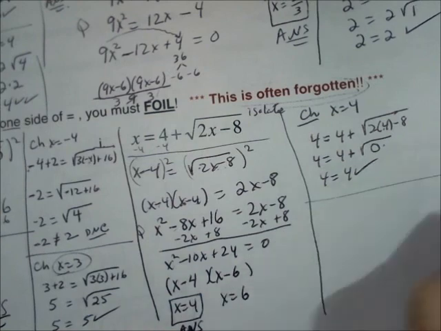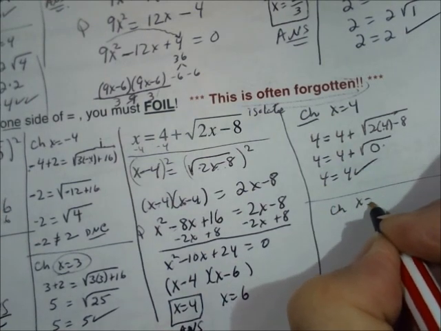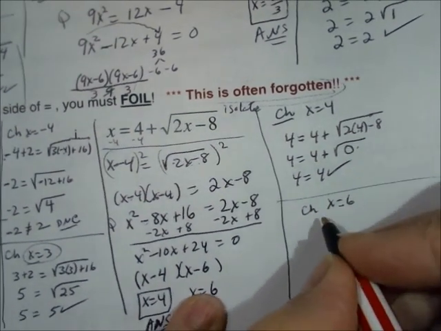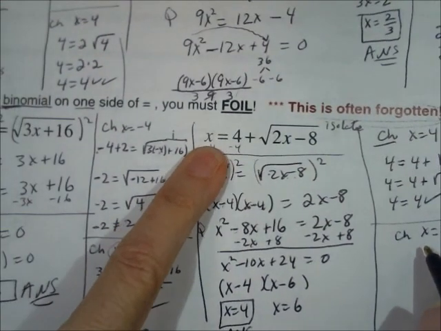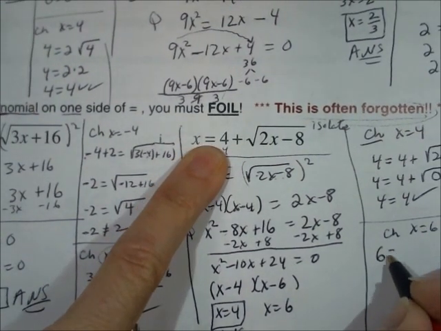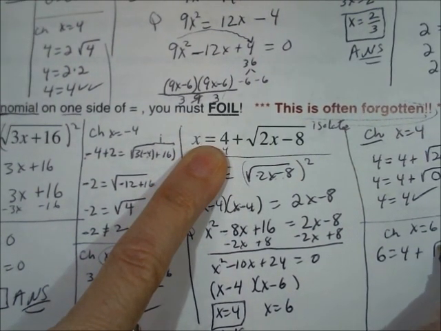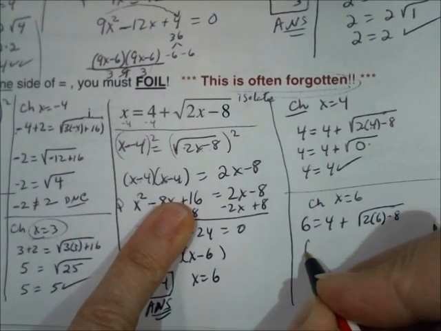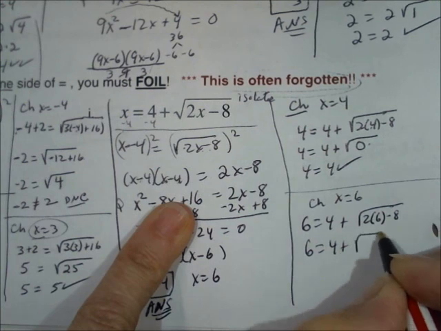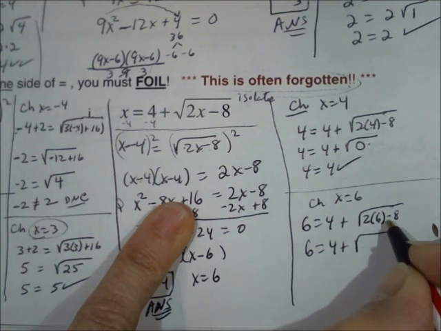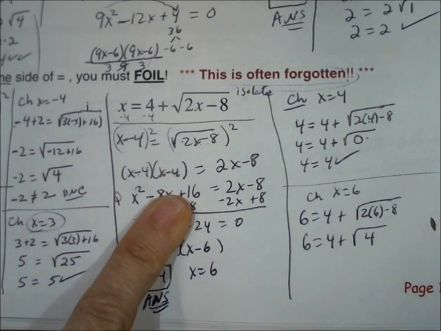Now let's check x equals 6. So when you plug in 6 to the original equation, does 6 equal 4 plus the square root of 2 times 6 minus 8? Does 6 equal 4 plus the square root of 12 minus 8, which is 4?